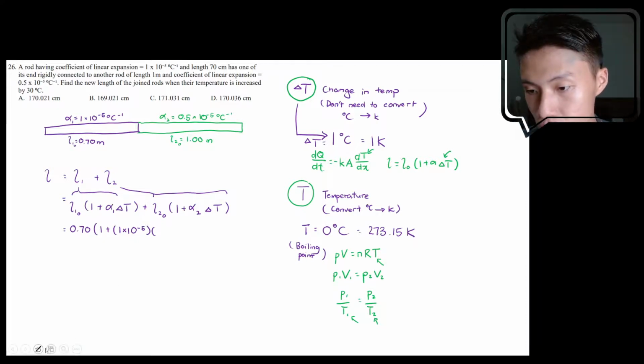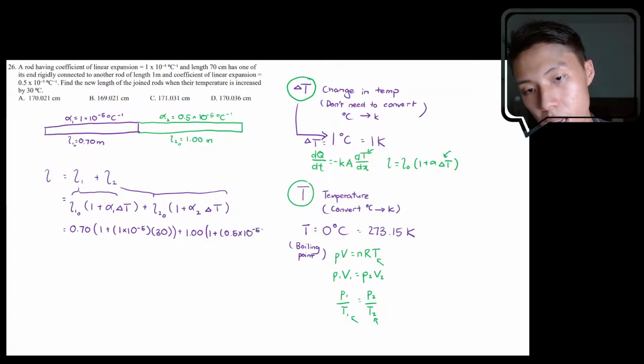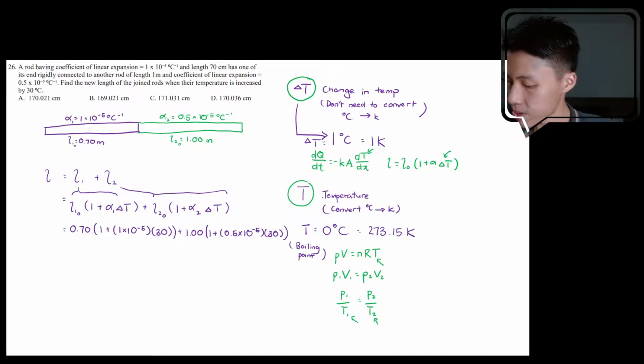Okay, so we continue. The change in temperature here, we don't need to change from degrees Celsius to Kelvin, so we just substitute 30. Then we add, original length is 1 meter, so it will be 1 plus 0.5 times 10 to the power of negative 5. Then the change in temperature is again 30. So now you have substituted in everything.